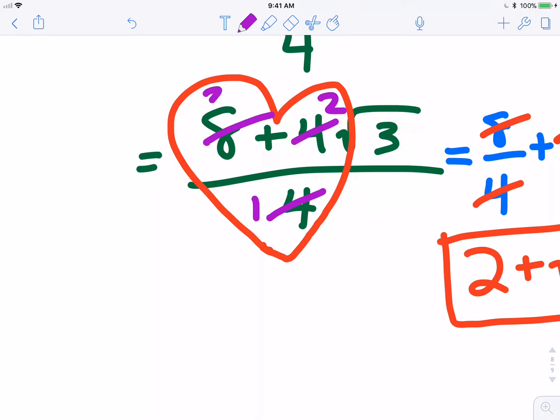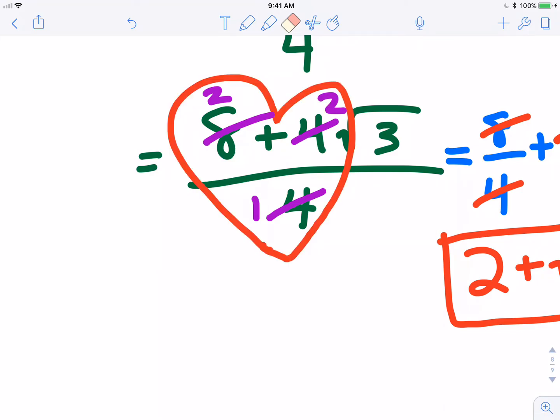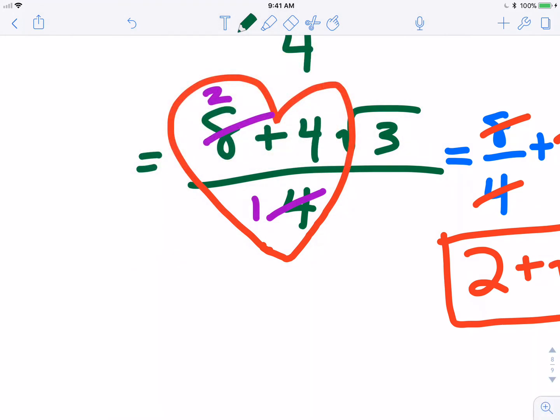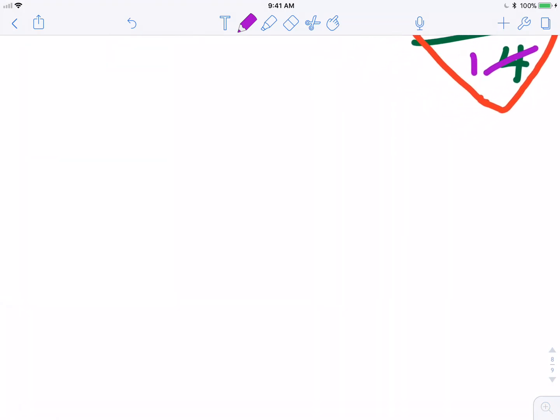This only works if everybody has something in common. Deleting everything here, this would become a 1. Obviously we don't put the over 1. That's why we just got 2 radical 3 when we wrote it the other way. Now sometimes there's a denominator left over, as we'll see in a second example below.